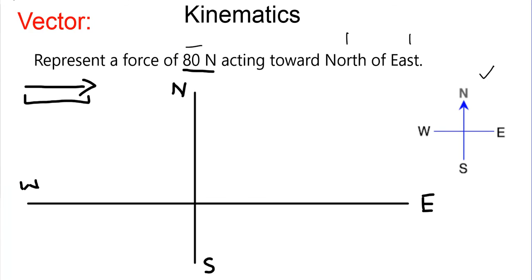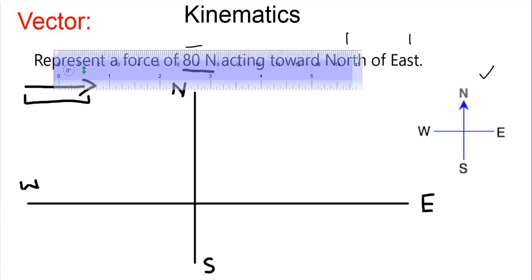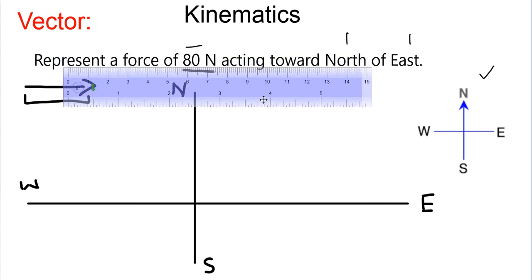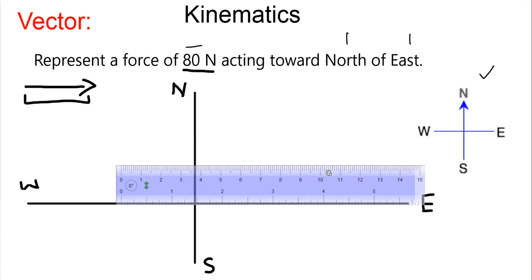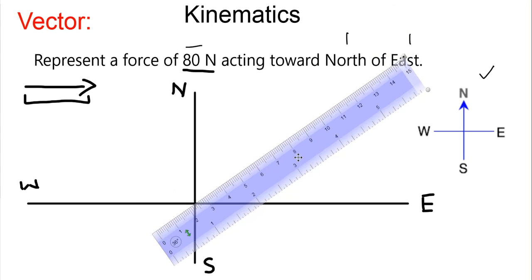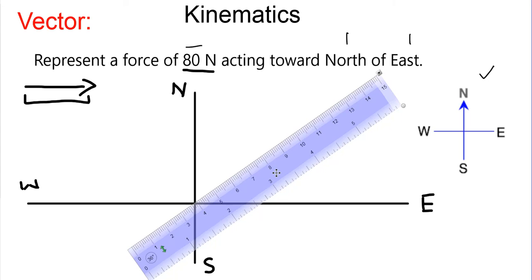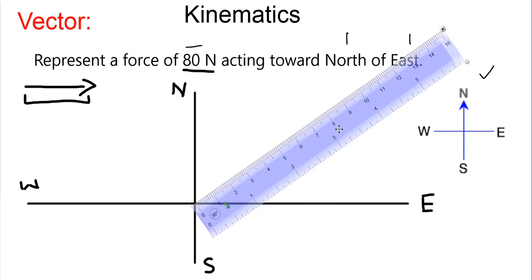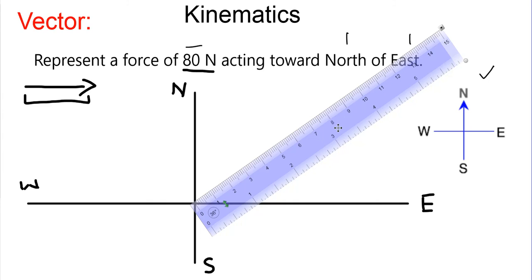I need to transform this 80 Newton into length. If I have the scale here, I will just adjust it like that. I can put the 0 at the origin of these directions. Now I will draw a line which is directed north of east, but I have to decide what should be the length of this line, and that length should correspond to 80 Newton.